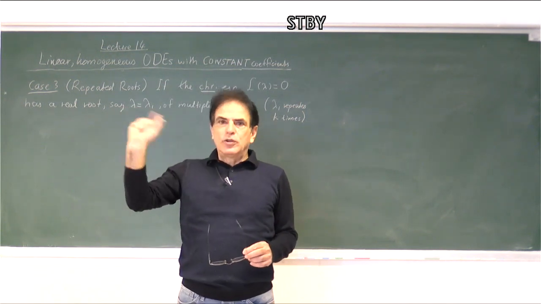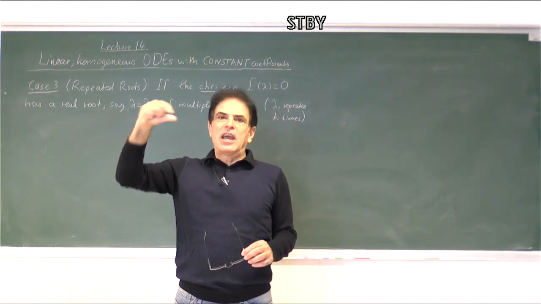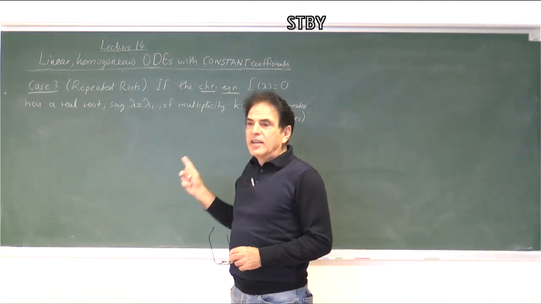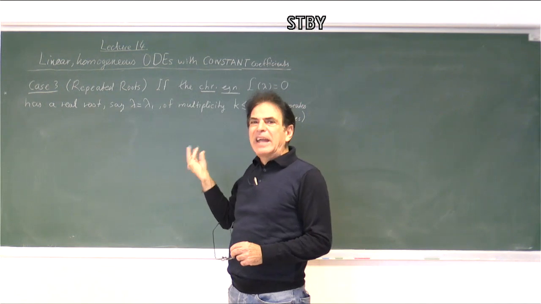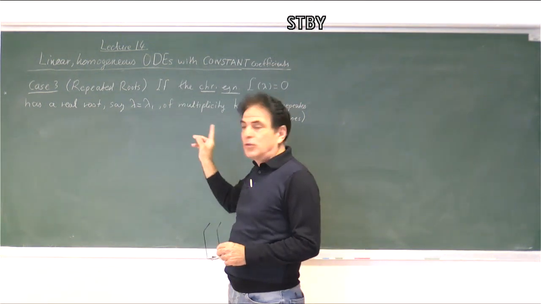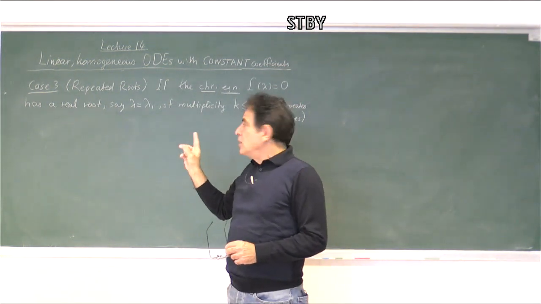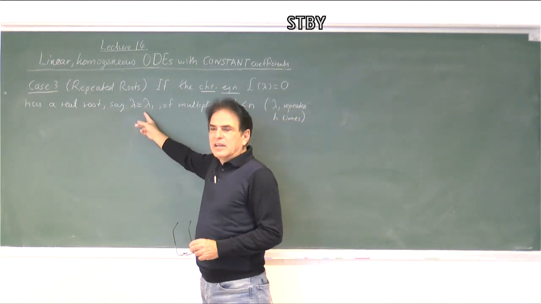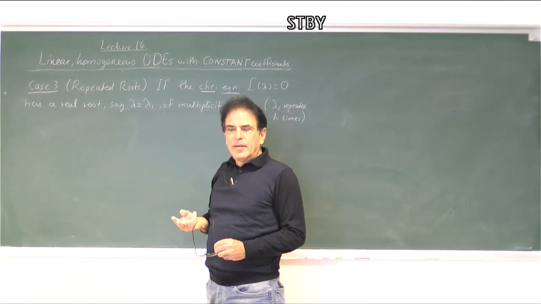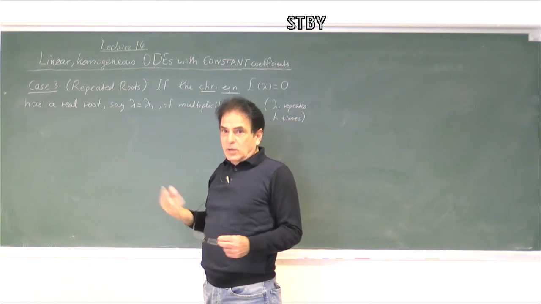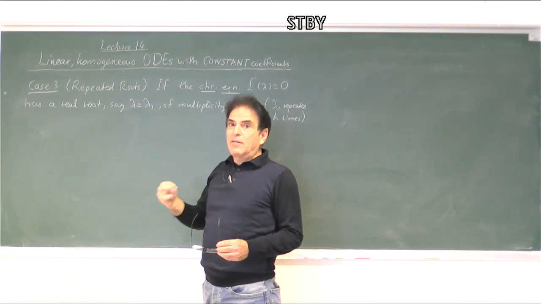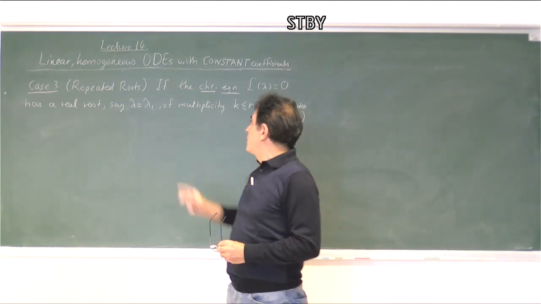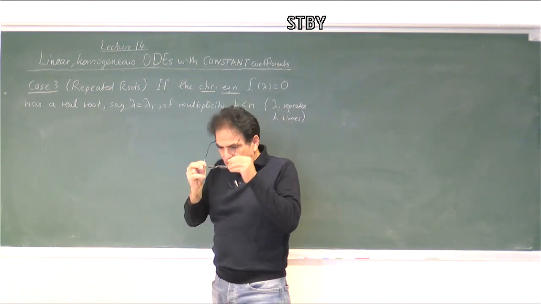The remaining roots are n minus k roots. So we have to find k linearly independent solutions corresponding to this root. Clearly, e to power lambda 1 t is a solution. But what are the others? We have to express k solutions corresponding to this root.